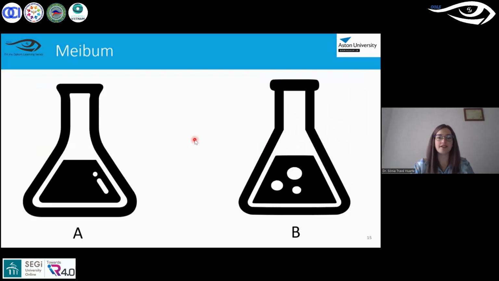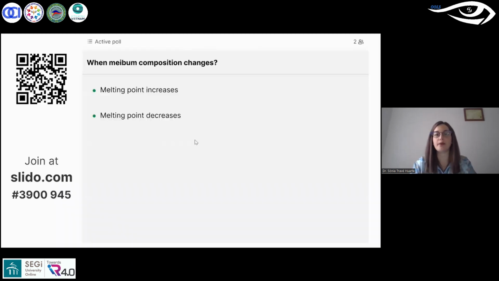So now thinking about this, I have a question for the audience. We have two solutions. Let's pretend that solution A is normal meibomian, and solution B has the addition of that keratinized tissue or any other things. What do we think would happen to that substance when we warm it up?